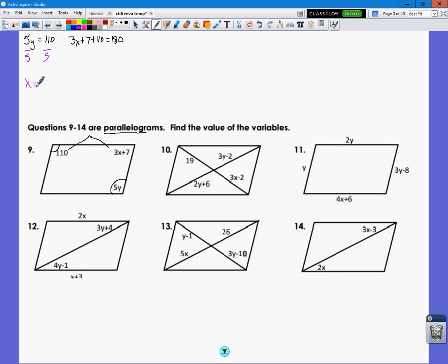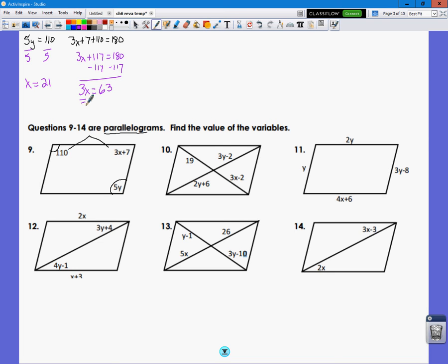X is equal to 21. Combining like terms, 3x plus 117 is equal to 180. Subtracting the 117 from both sides would give me 3x is equal to 63.